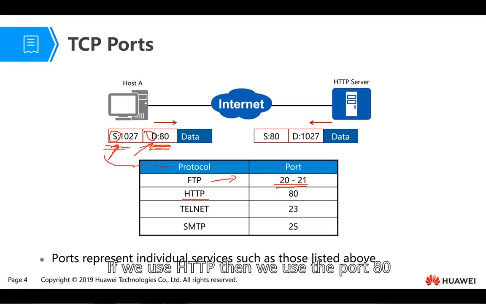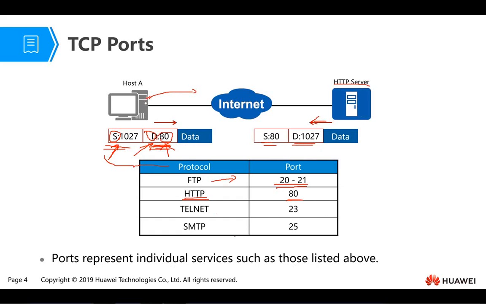If we use HTTP, then we use port 80. Of course, it's the destination port. The initiating host sending a packet to destination port 80 means accessing the HTTP server, the web service of this server. When the data is sent back, the source port and destination port are reversed.